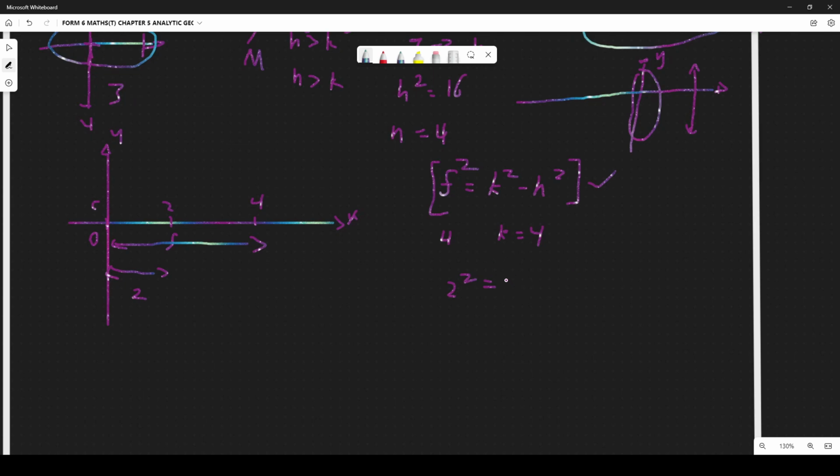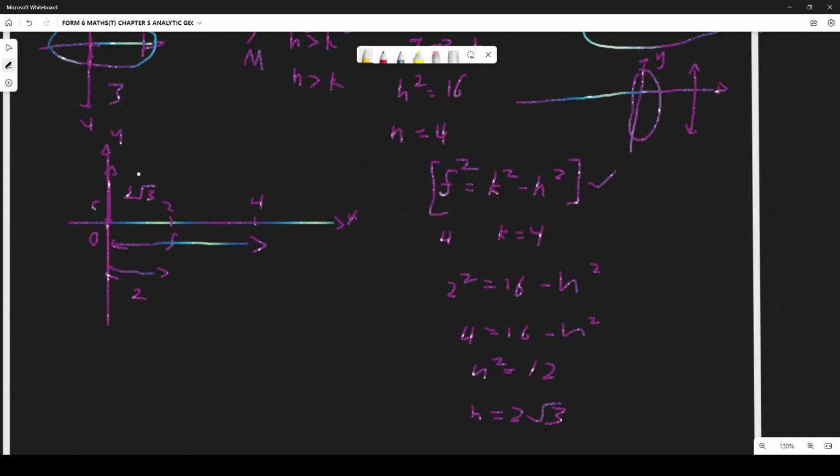So 4 squared, which is 16, minus h squared. So 4 equals 16 minus h squared, so h squared equals 12. So h equals root 12, which is 2 root 3. So that is the length here. It will be 2 root 3.